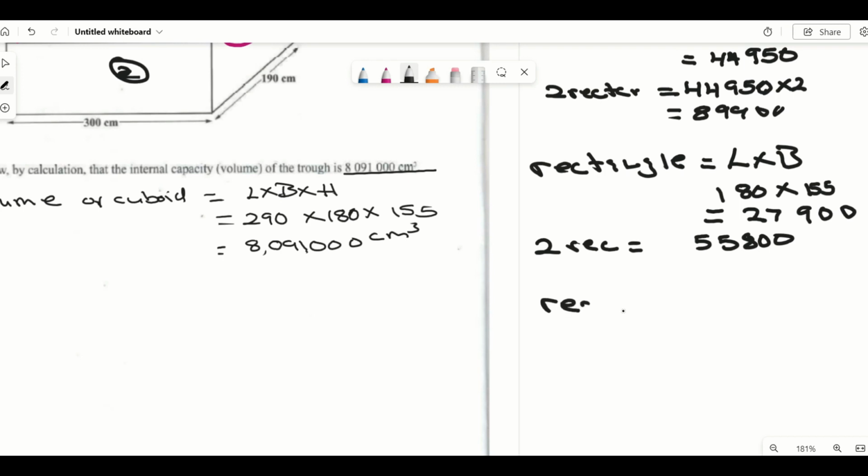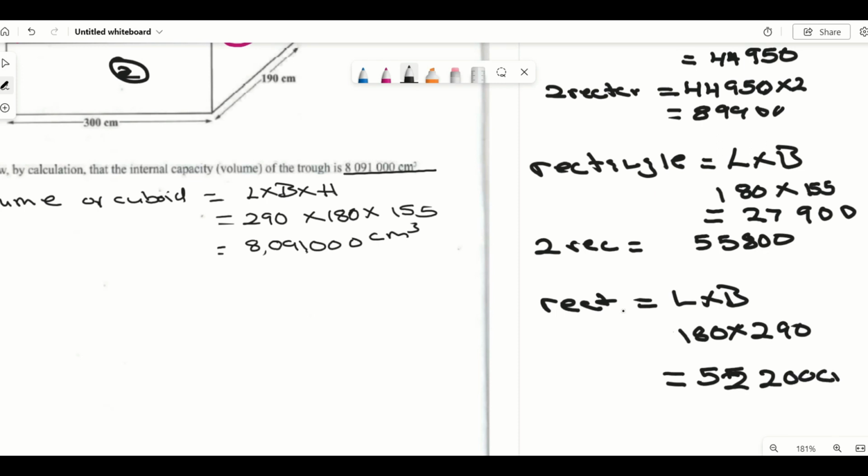The rectangle is length times breadth, which is 180 times 290, right? When we multiply that, we are going to get, so that bottom part takes 52,200 cm squared of paint.